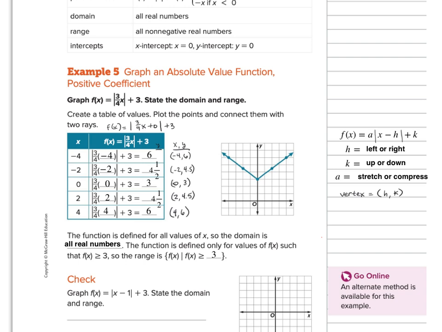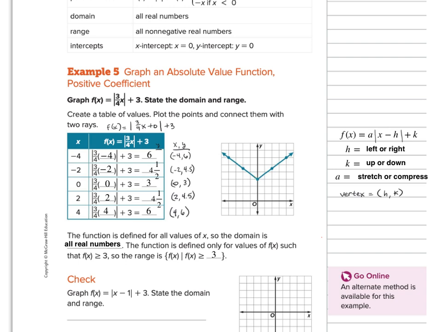How did they pick those numbers? I could have picked a number nowhere near my function to see the vertex. Remember, the vertex here is 0, 3, h, k. I know that 0 is the x value that gives me my vertex. So if I pick numbers on either the left or right of 0, I'm going to see this effect, and that will give me the shape I'm looking for so I can graph it.